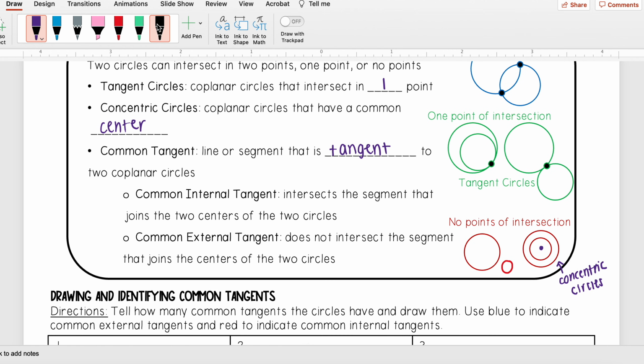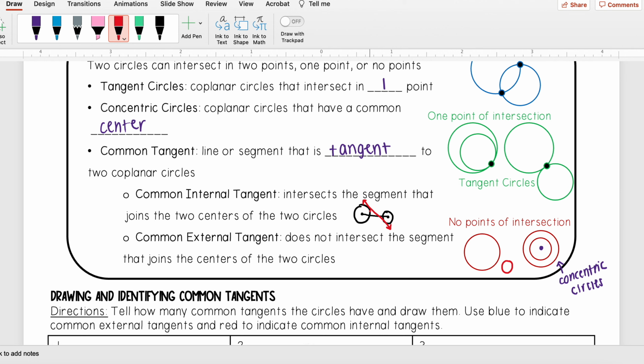So for example, let's say I had these two circles here. I'm going to draw a segment that joins the two centers of the circles. A common internal tangent is one that's tangent to both circles, but it crosses or intersects that line that's connecting my centers. And so an example would be this line.